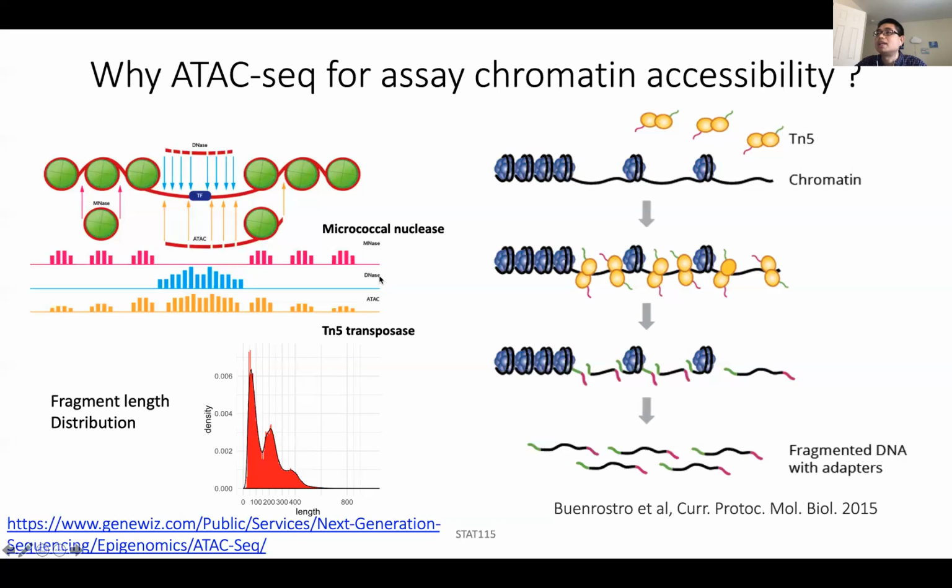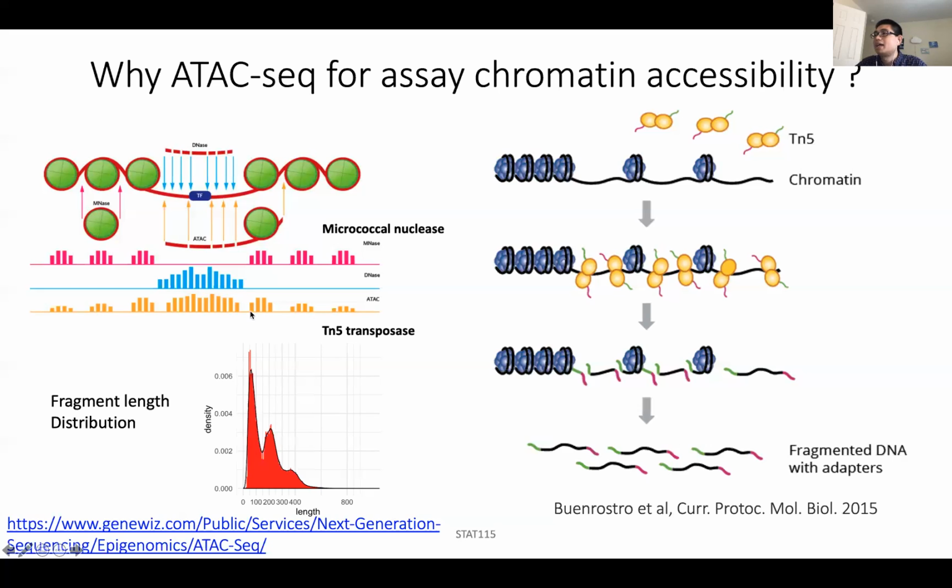And DNase I is used to preferentially cut the open chromatin. So this is the profile you get after DNase I sequencing. And for ATAC-seq, it uses Tn5, as I just mentioned, and Tn5 cuts both the open chromatin region and also the linker region. So in the end, you get all the accessible regions in the genome.